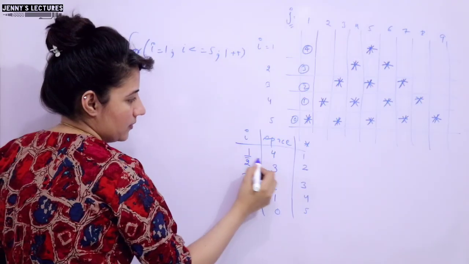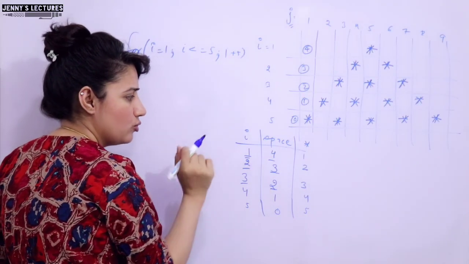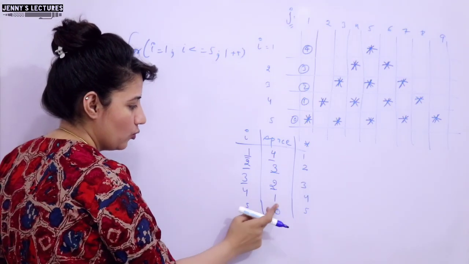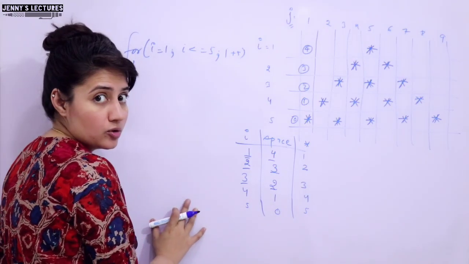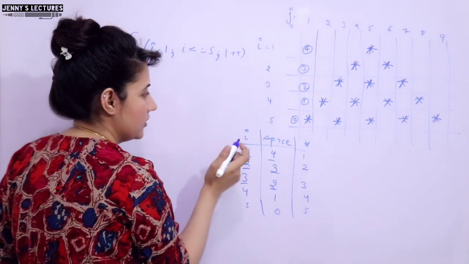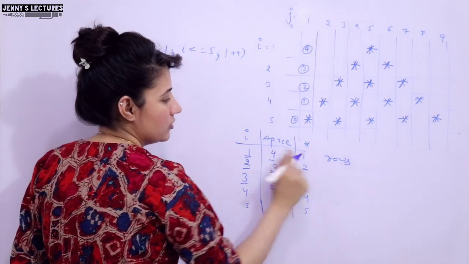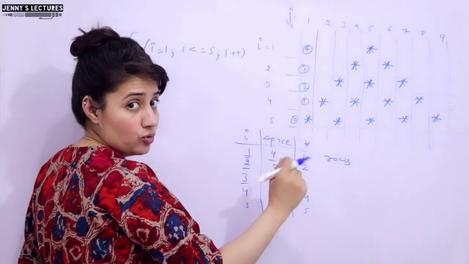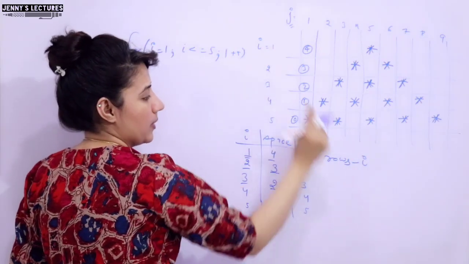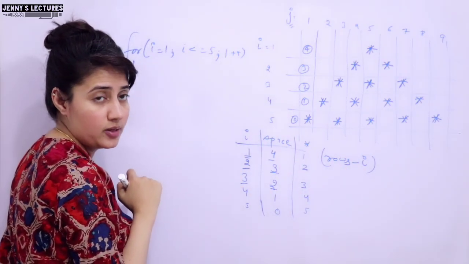So now see how you can relate this. In the first line we have to print 4 spaces. In the second 3, in the third 2, then 1 and then 0. So how can you derive a relation or the condition? The number of spaces should be the total number of rows minus the row number, minus I. That should be the condition.